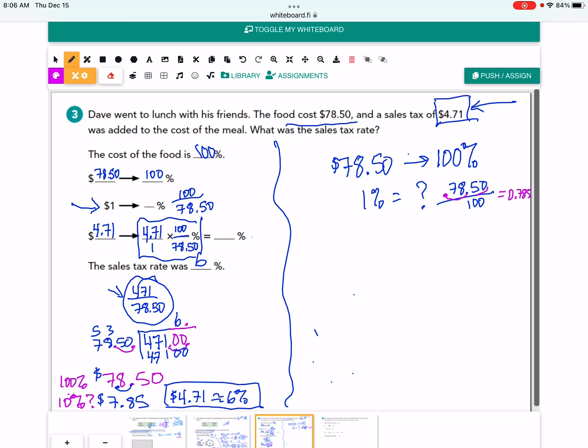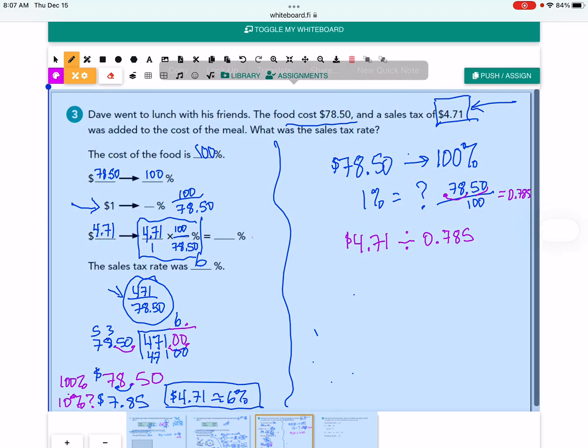I have 471, and I'm going to divide it by 1%. I'm going to do that so that I can figure out how many 1% are in $4.71. All right. So that looks like this.